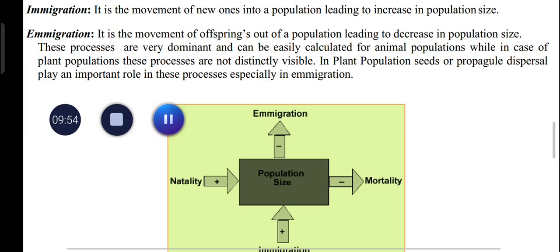These processes are very dominant and can be easily calculated for animal populations, while in plant populations these processes are not distinctly visible. In plant populations, seeds are propagated. Dispersal plays an important role in this process, especially in emigration.